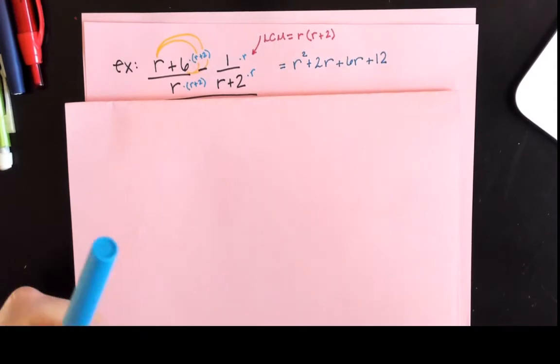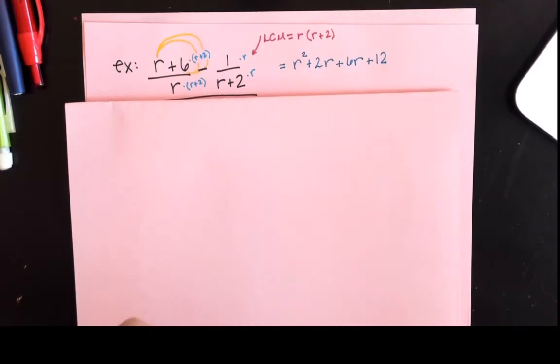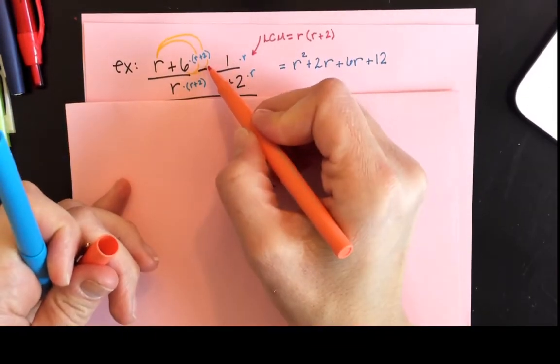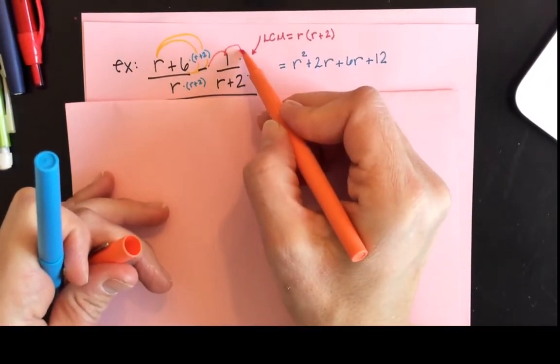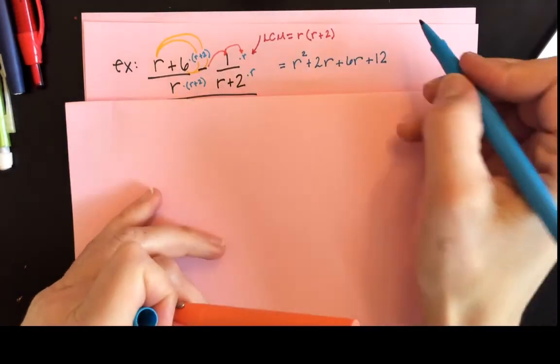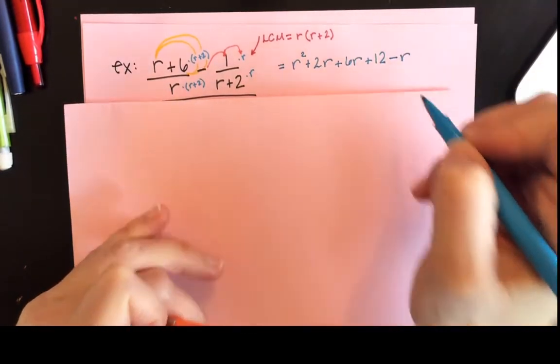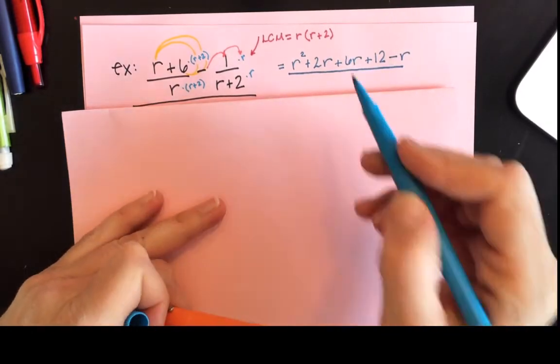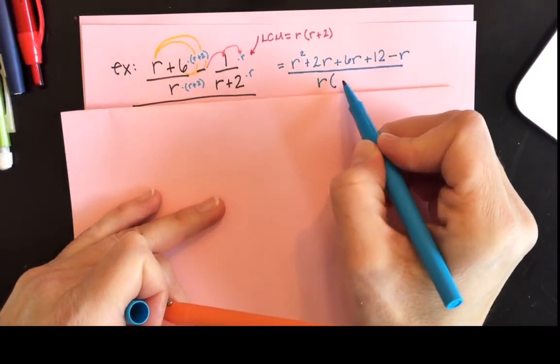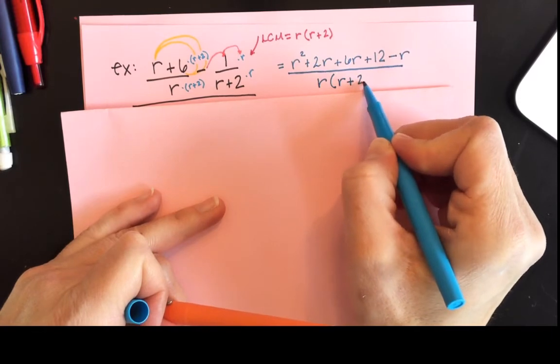Then I need to make sure that I don't forget that that minus sign is still sitting here, and that's going to be 1 times r. So that's going to end up with a negative r. And that's all over the common denominator, r times r plus 2.